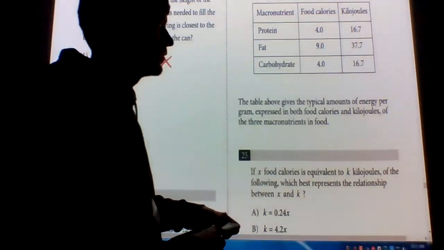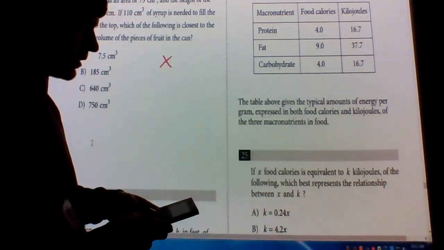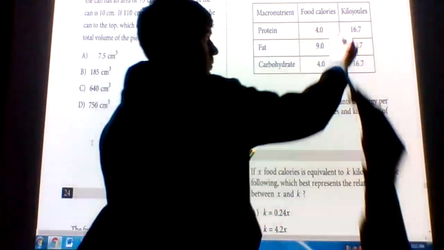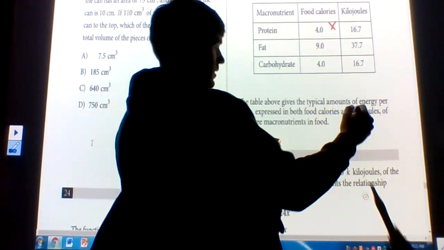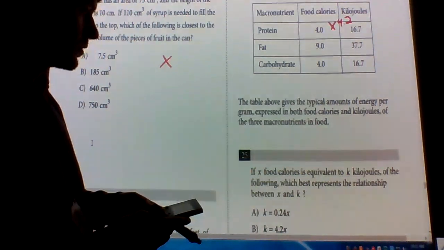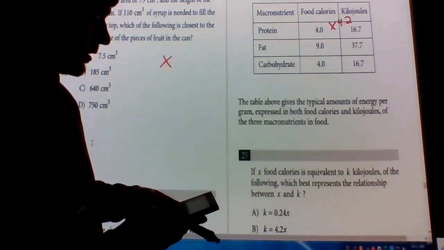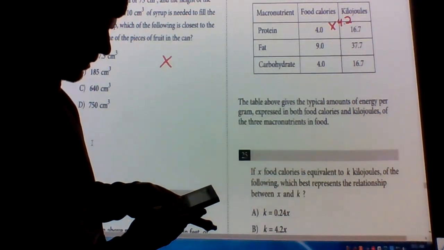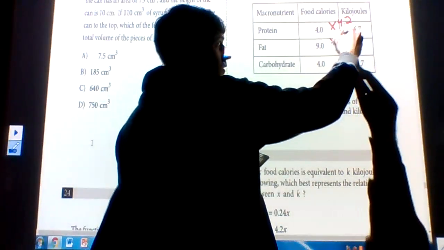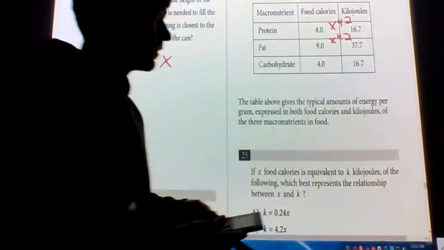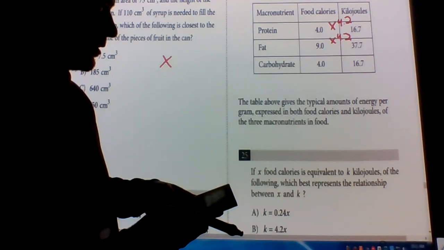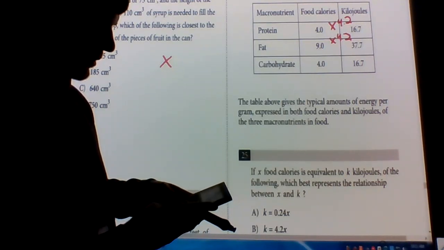So if you do 16.7 divided by 4, you need to multiply by 4.175, so let's just say 4.2. We're talking about any of them, so 37.7 divided by 9, 4.2. Okay, and then carbohydrate, you can do 16.7 divided by 4, right?